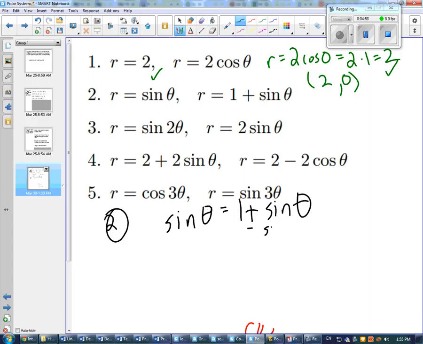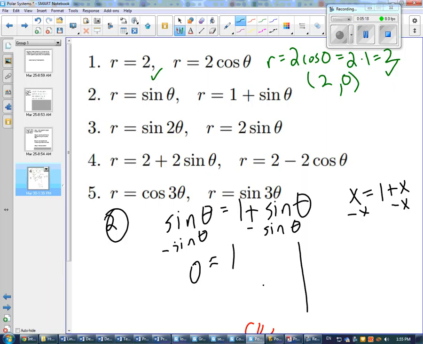So now I am going to solve. I'm going to subtract sine theta. Think of sine theta like x. If this equation was x equals 1 plus x, you would subtract x from both sides. Sine theta minus sine theta is 0 equals 1. Whoa, 0 equals 1. That's not a true statement. What do the graphs look like?